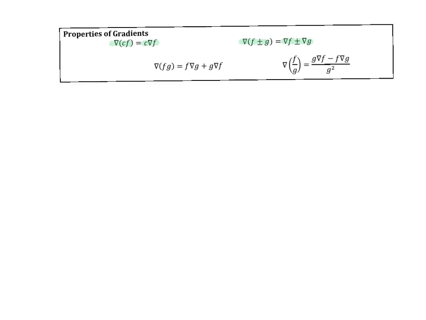An interesting property is the product of two functions. If you take the product of two functions and then find the gradient, it's actually the product rule from calculus. So you keep f times the gradient of g plus keep g times the gradient of f. When you're dividing functions, it's simply the quotient rule. And that's it for this section.